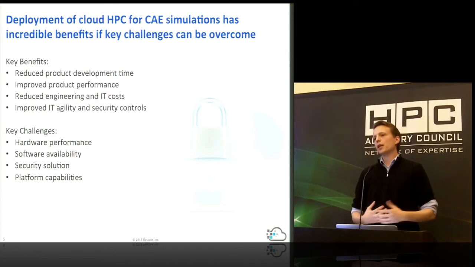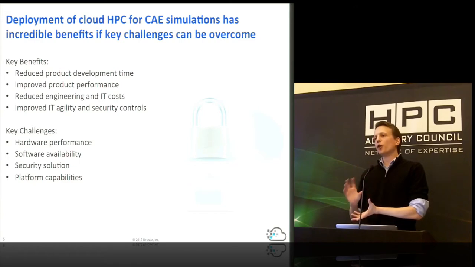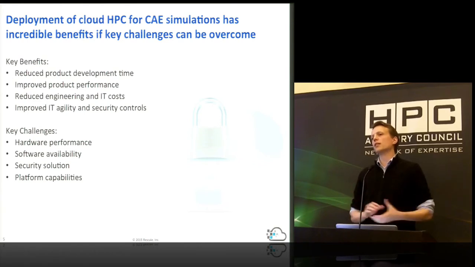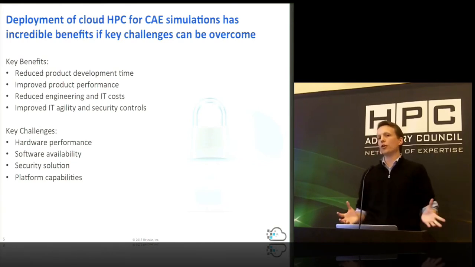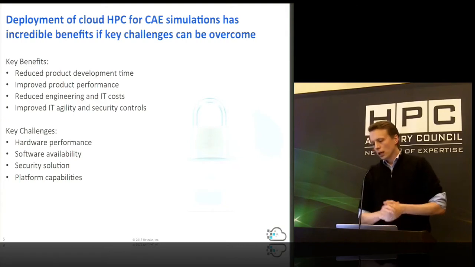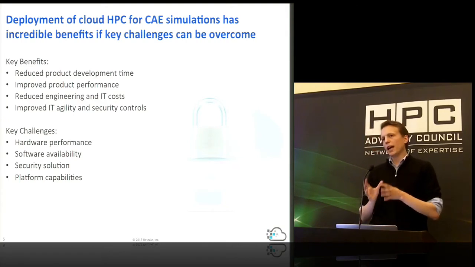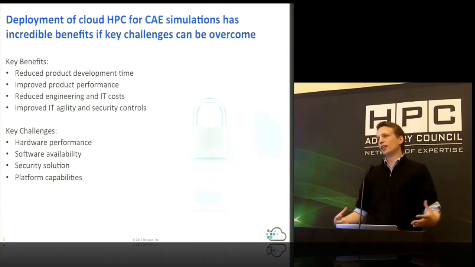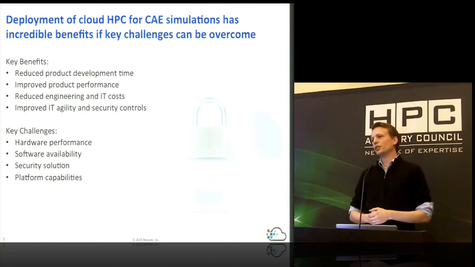So large aerospace companies, large automotive companies, CAE tools can optimize a few percent savings on a product that's used in aerospace, for example, for 25 years, which can result in a huge amount of value for the company. The other part is that the actual engineering costs and the IT costs and the overhead to deliver this are actually reduced.